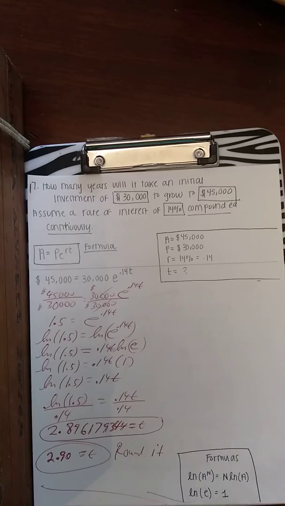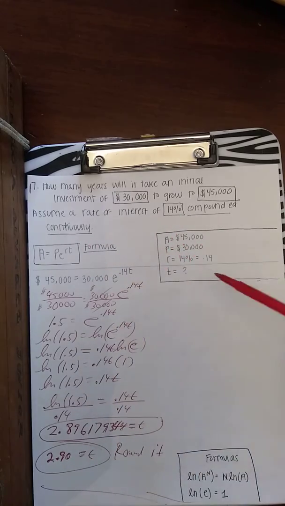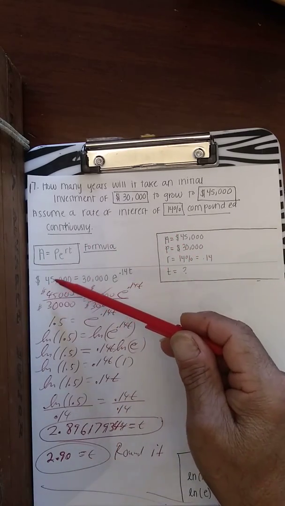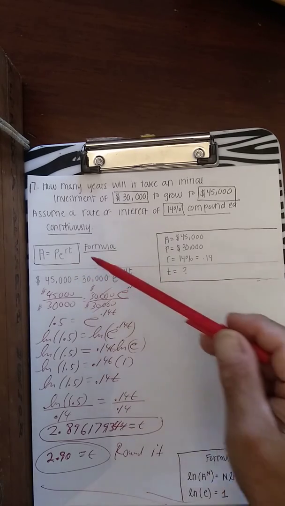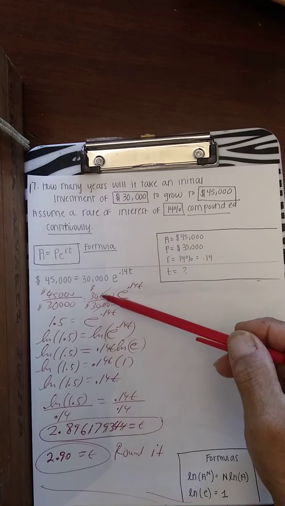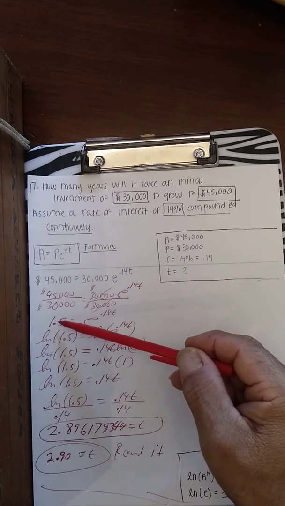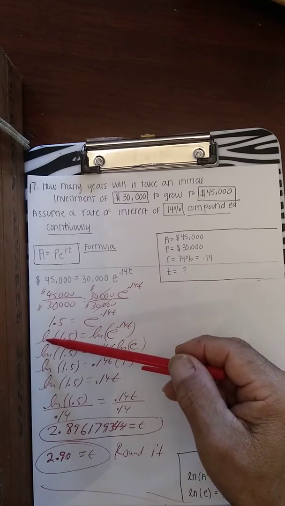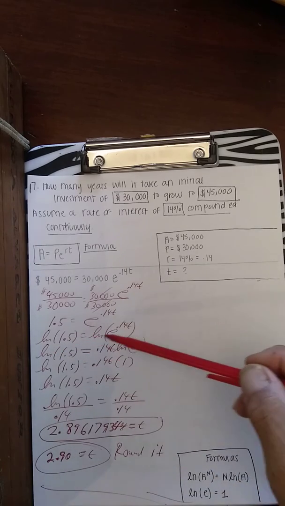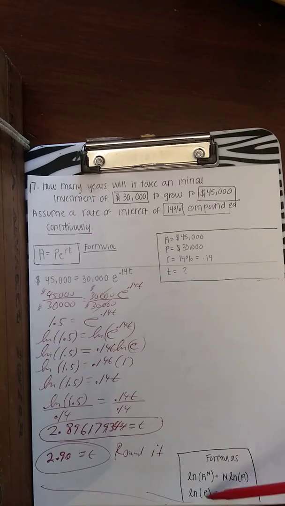Alright, how long does it take for an initial investment of 30,000 to become 45,000 if it's compounded continuously at 14%? So let's start here. 45,000 equals 30,000 e to the power of 0.14t formula. Divide by 30,000, divide by 30,000, these will go. And 45,000 by 30,000 is 1.5 on your calculator. And you have e to the power of 0.14t. Now take the log of the left, log of the right, ln. So this power right here is going to go to the front because of this rule.